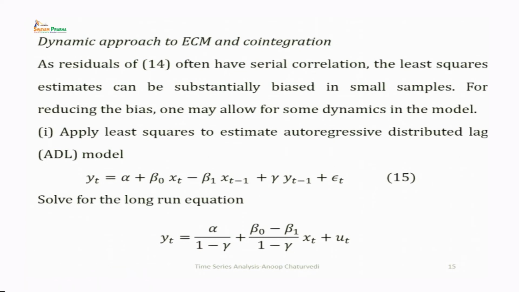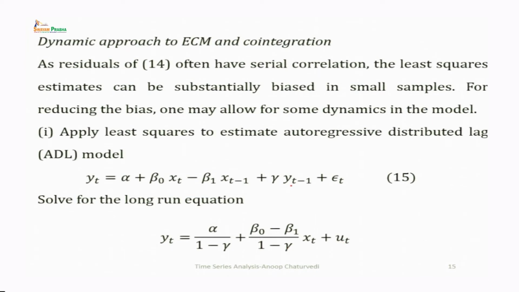Then for the long term equation, in the long run you can write x t equal to x t minus 1 and y t equal to y t minus 1. So, you get the relation y t equal to alpha upon 1 minus gamma plus beta naught minus beta 1 upon 1 minus gamma x t plus u t.